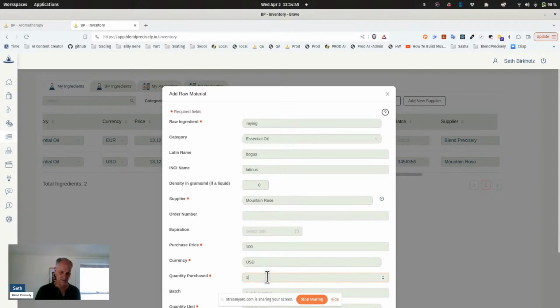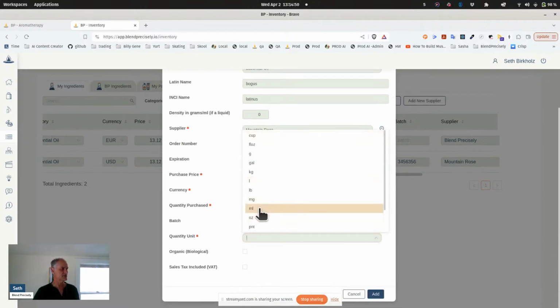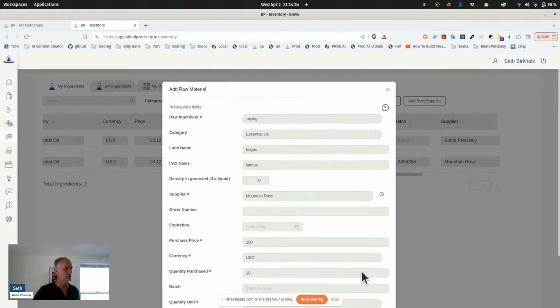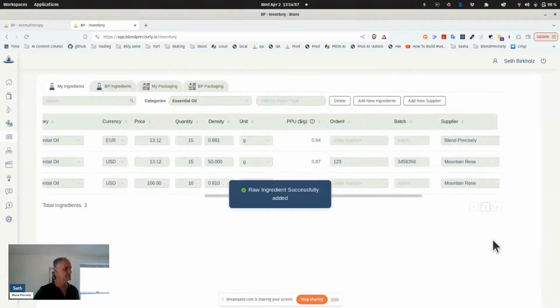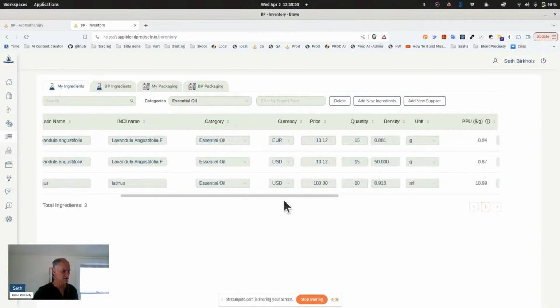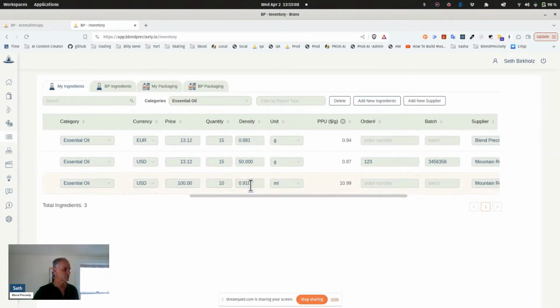Quantity purchased was 10, for a quantity unit of, I don't know, just milliliters. All right, and what you'll find is that the density is 0.91. We've recently changed this to 0.86, just because we figured out that that's a closer average.